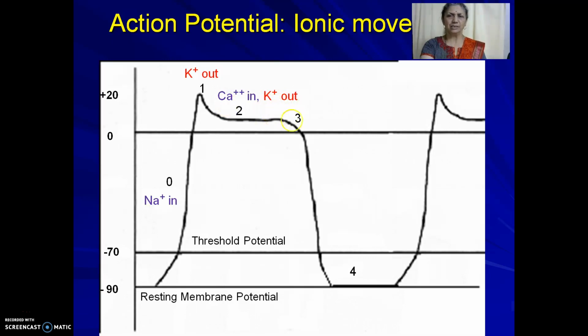Once calcium entry stops, the membrane potential will start becoming more and more negative, because calcium entry stops but potassium keeps going out. What decides this direction of movement of ions? Ions are not lipid soluble, so they are not diffusible, but they can cross the membrane once the special channels meant for them are opened.